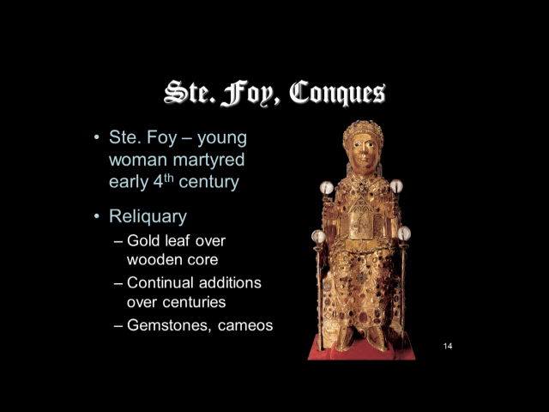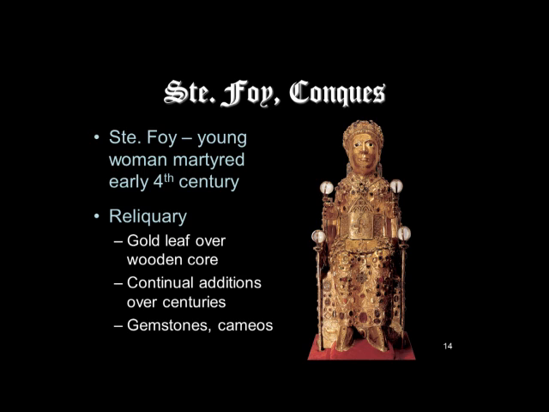So if you have, for example, a piece of the foot of someone, you might have a foot reliquary, or a piece of the finger, you might have a hand reliquary. In this case, we've got a whole body reliquary, and it is a work of sculpture in its own right. It is gold that is placed over a wooden core.